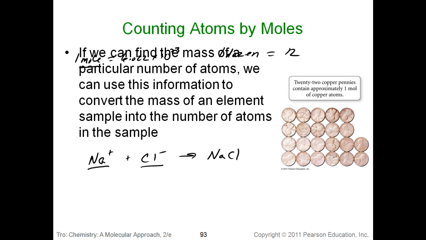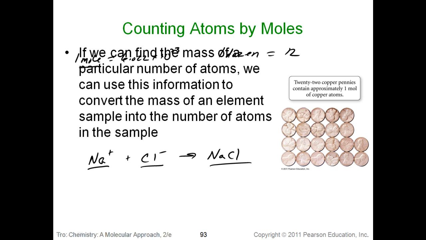If I don't have one of these ions, I cannot make the product sodium chloride. But from a mass perspective, sodium weighs 22.99 AMUs, or atomic mass units, and chlorine weighs 35.45 atomic mass units. Now those I've got from the periodic table.